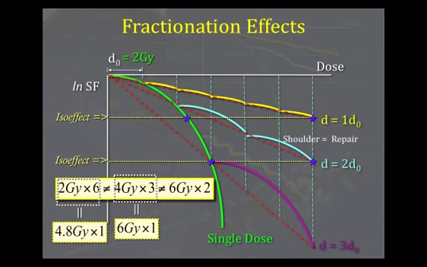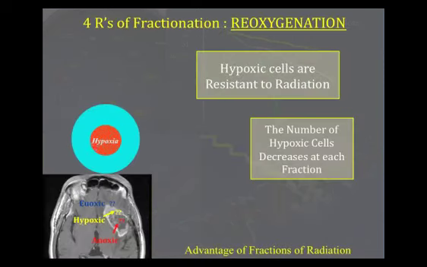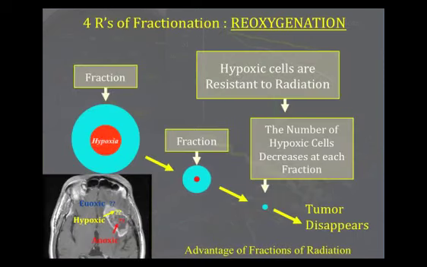So the first R was taken care of. The second R is reoxygenation. What happens when we are irradiating a tumor that has hypoxia or necrosis in the center? Actually, the hypoxic cells are way more radiation resistant.